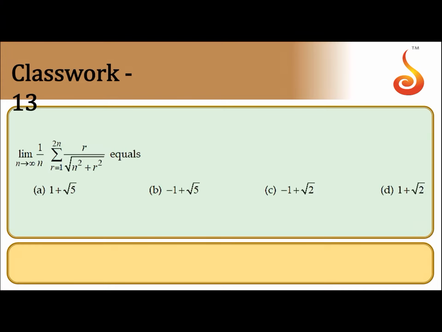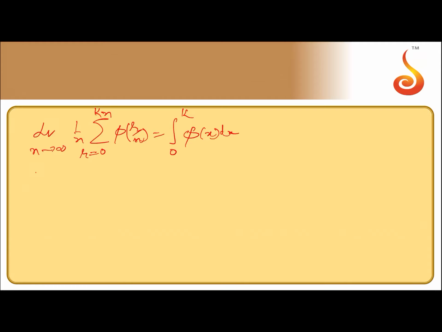This is the formula. Here r runs from 1 to 2n. It is the limit n tends to infinity 1 by n sigma r equals 1 to 2n of r divided by root of r square plus n square plus r square.